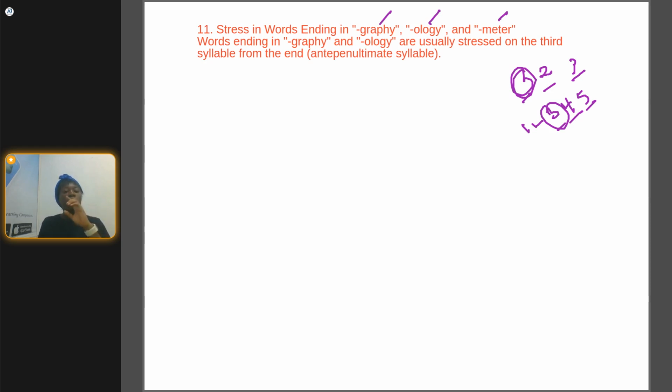So words that end with graphy, ology, meter, you know that the stress is on the third syllable from the end. So you start counting from the end. And then we look at words like photography.